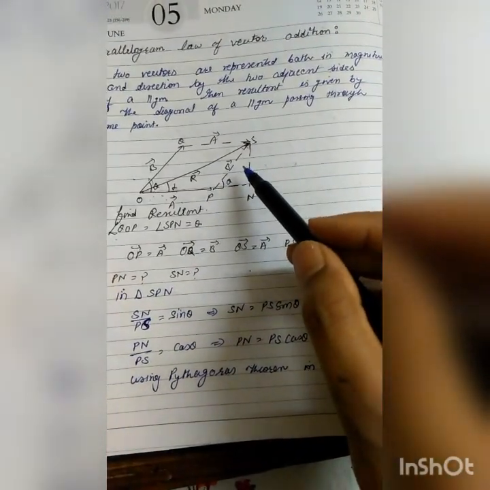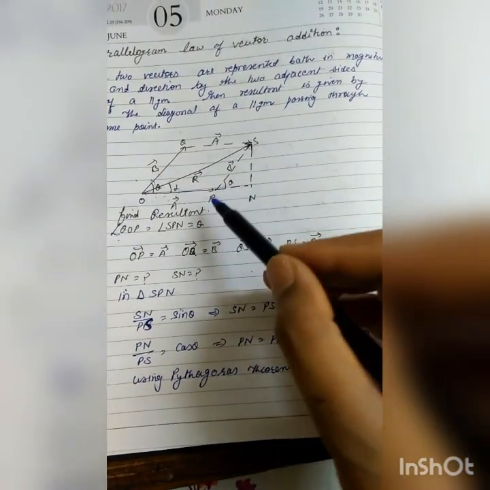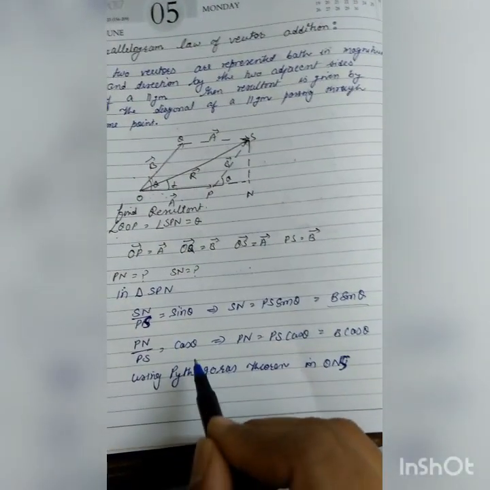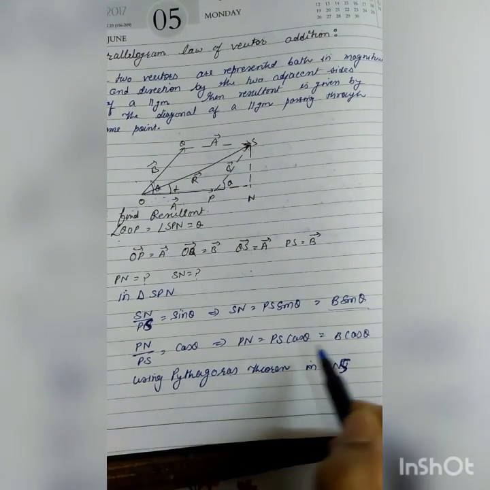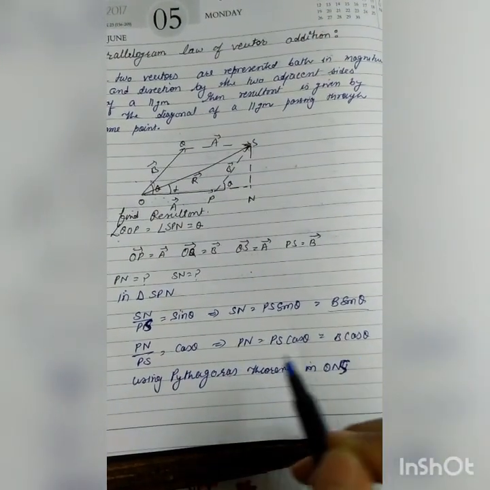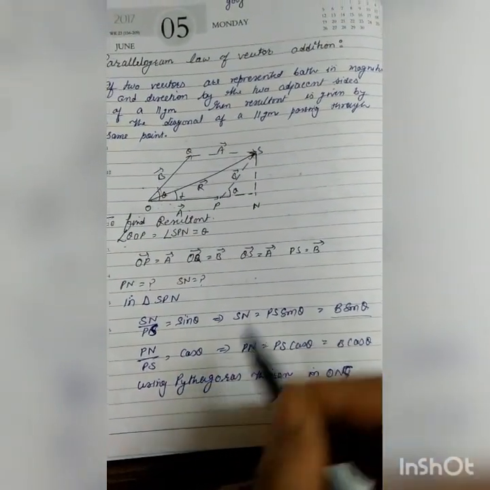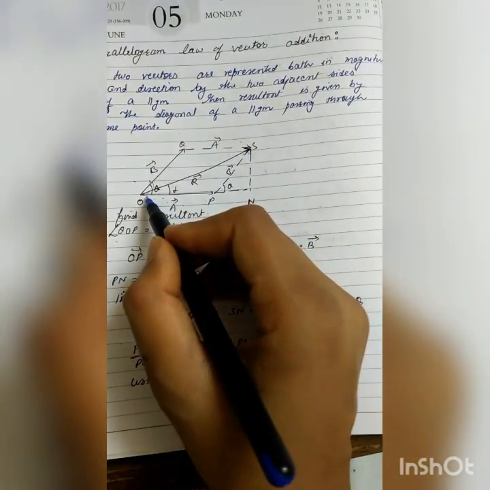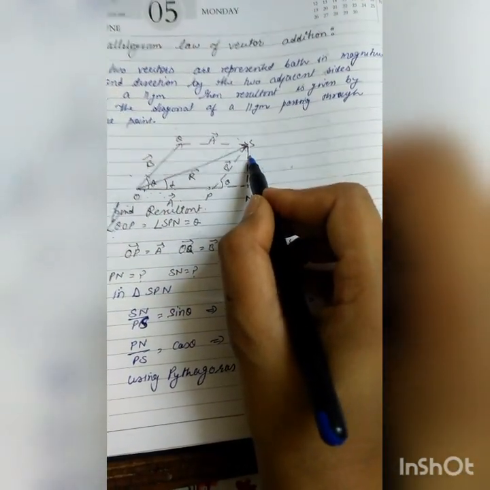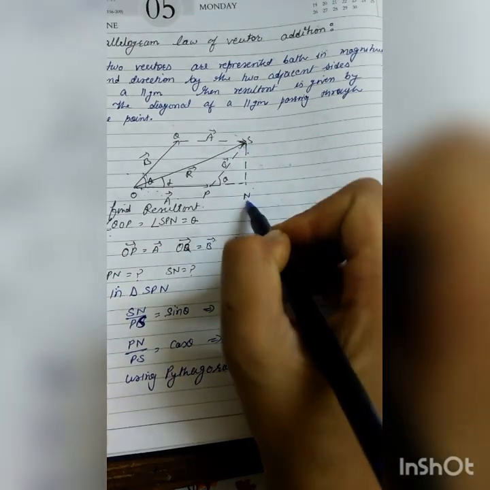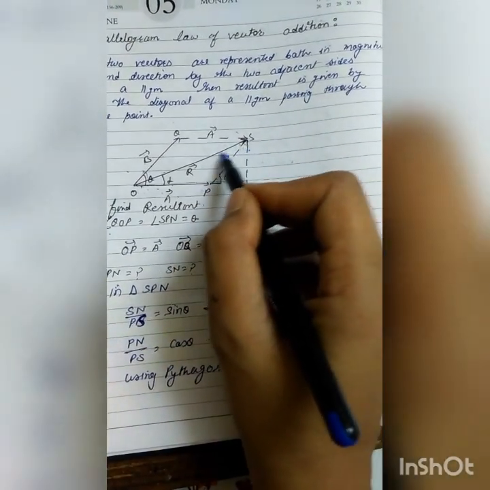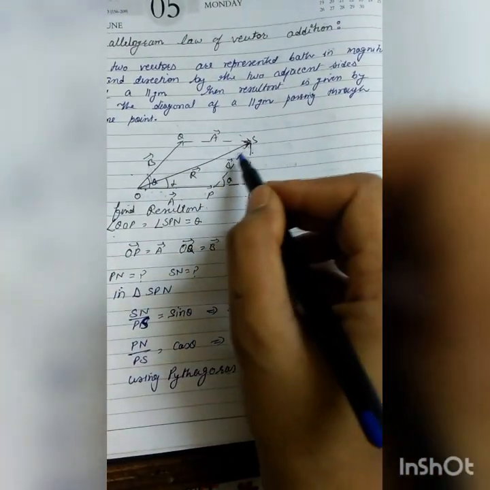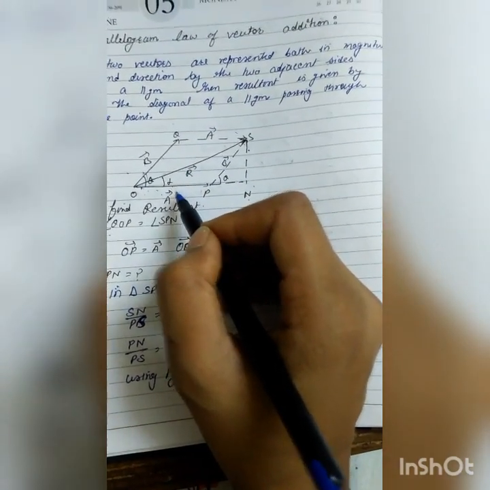And PN upon PS is equal to cos theta, so PN is equal to B cos theta. Now, apply the Pythagoras theorem in the whole triangle ONS. Firstly, we take the triangle SNP, and after that we take the whole triangle. This derivation is similar to that of the triangle law of vector addition, right?